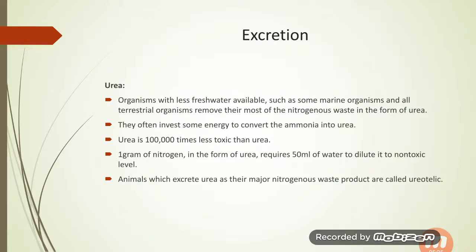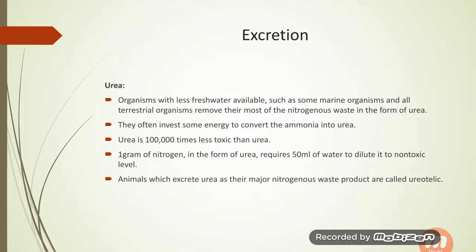Next nitrogenous waste product is urea. So urea is less toxic as compared to ammonia, and organisms with less fresh water available, such as some marine organisms which live in less water content, and all the terrestrial organisms remove most of the nitrogenous waste in the form of urea, because 50 ml of water will be required to eliminate 1 gram of nitrogenous waste, that is urea.